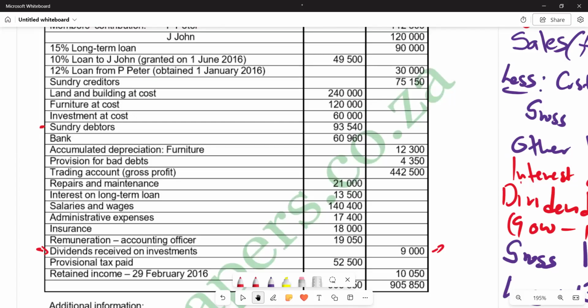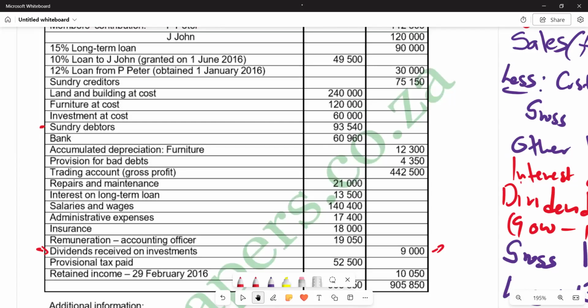Then we go back again to the list of balances to check what we have. Administrative expenses, we have got 17,400. We have to check if there are any adjustments in terms of prepayments or accruals that might affect administrative expenses. We go down to the additional information, where you can find those adjustments.